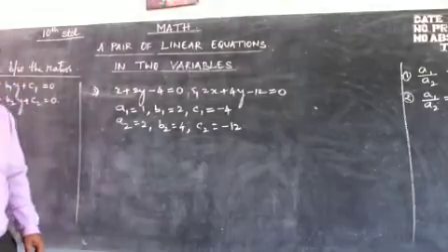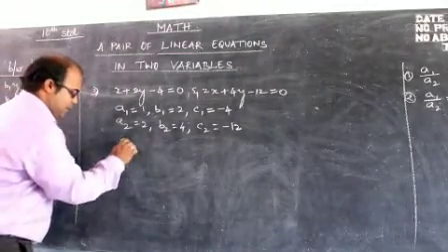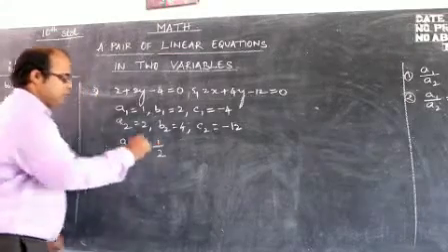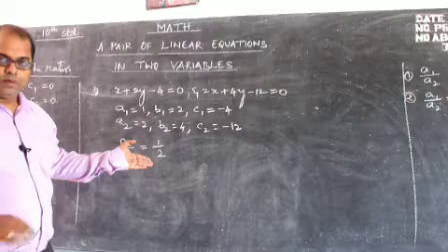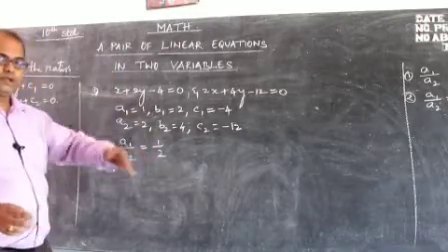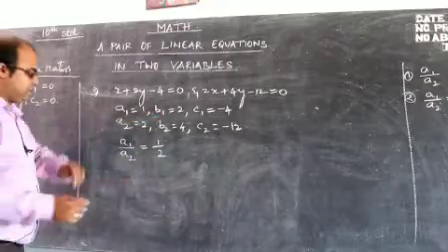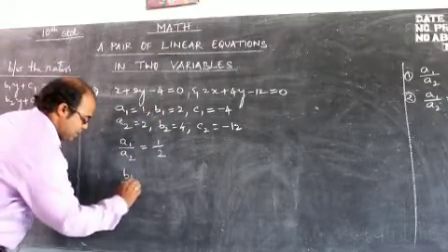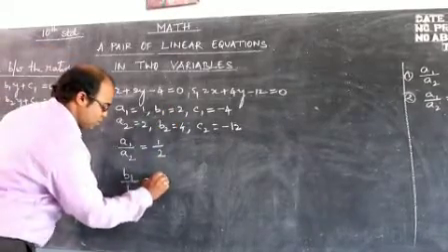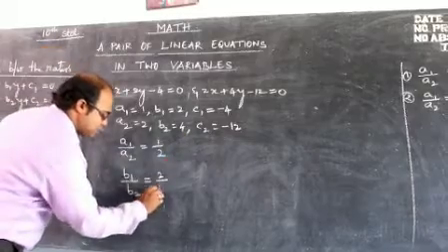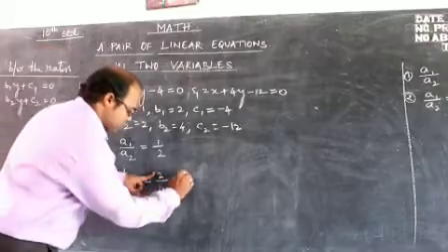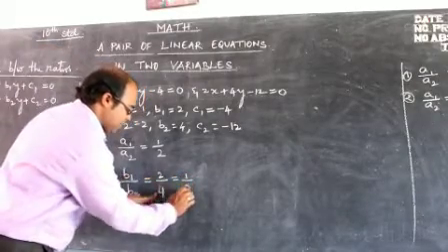Now let us find the ratios. A1 divided by A2 equals 1 divided by 2. The fraction is in the simplest form, I cannot simplify it further. Next ratio, B1 divided by B2 equals 2 divided by 4, which I can simplify: 2 1s are 2, 2 2s are 4.